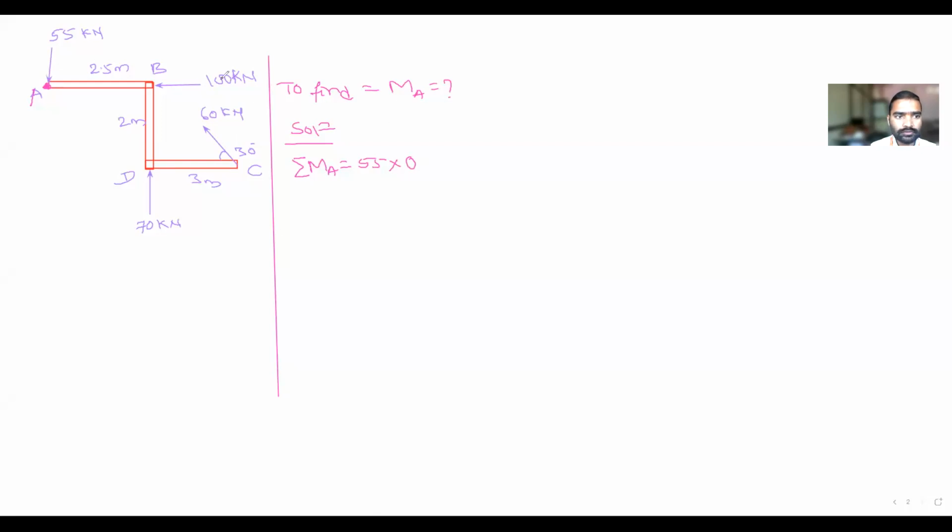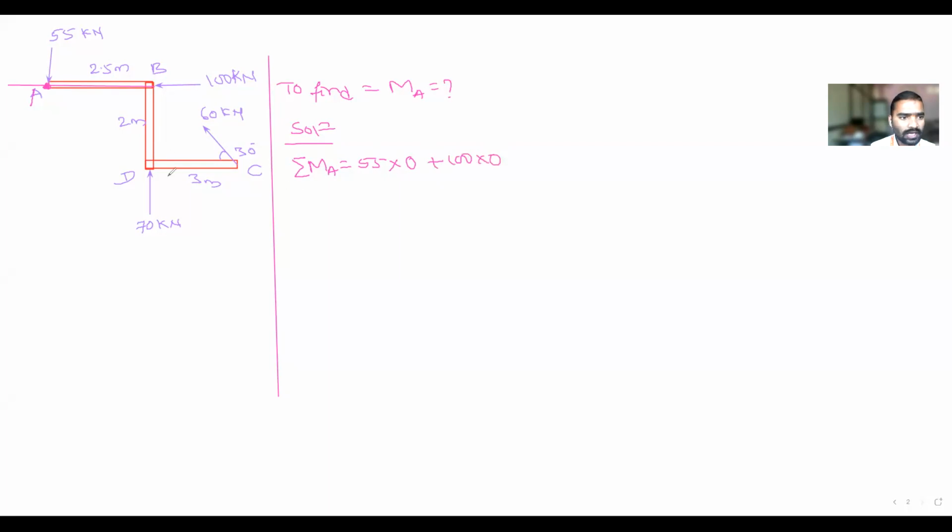What is the distance between the force and point A? 0, because the line of action of this force is passes through the given point. So it is plus 100 kilonewton into 0.